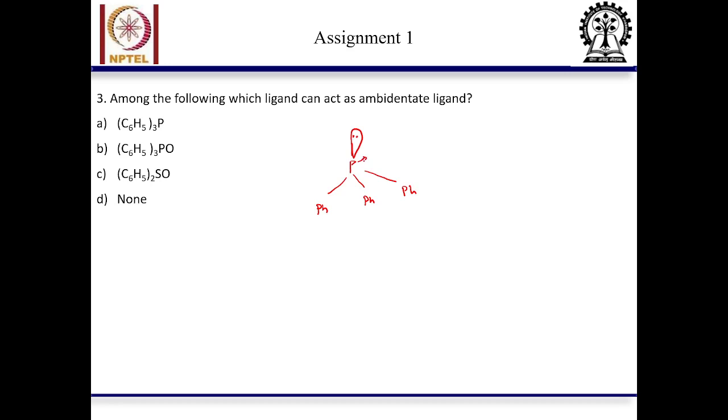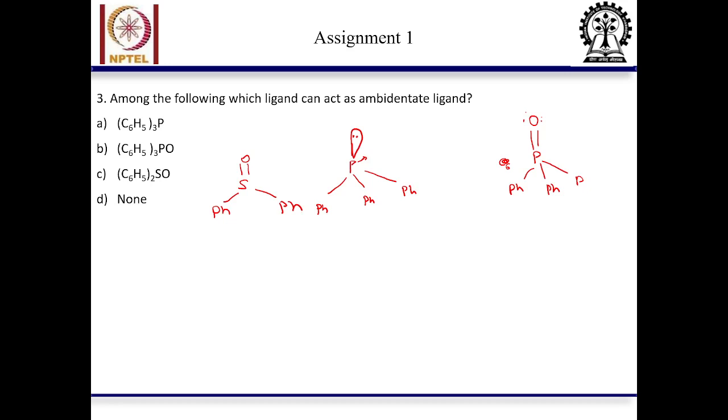Second we have triphenyl phosphine oxide, OPPh3. Here in phosphine oxide we have only one coordination site, which is oxygen. But once we go to sulfur and oxygen with phenyl groups, basically it is a DMSO, dimethyl sulfoxide, with phenyl instead of methyl.